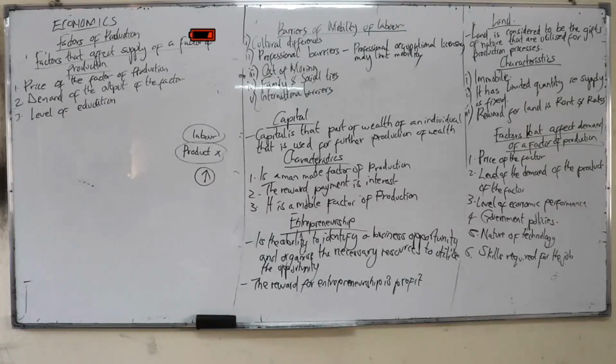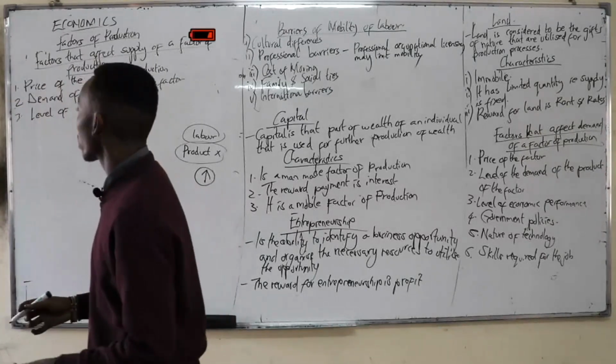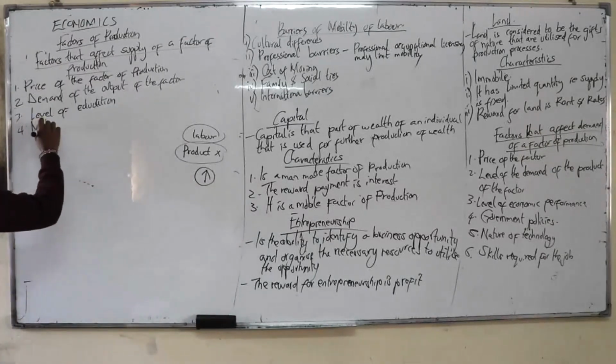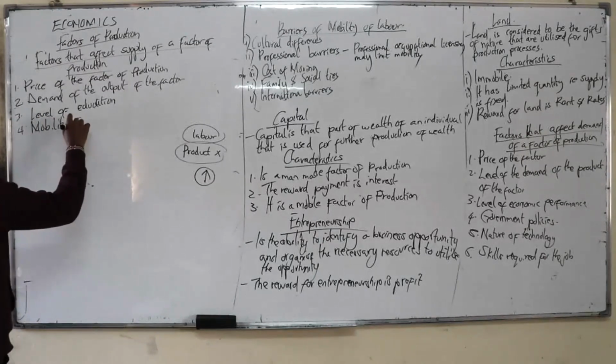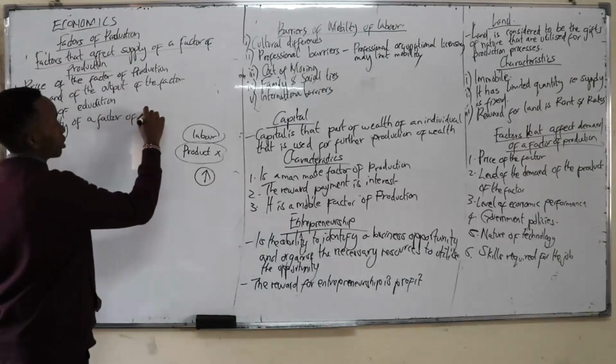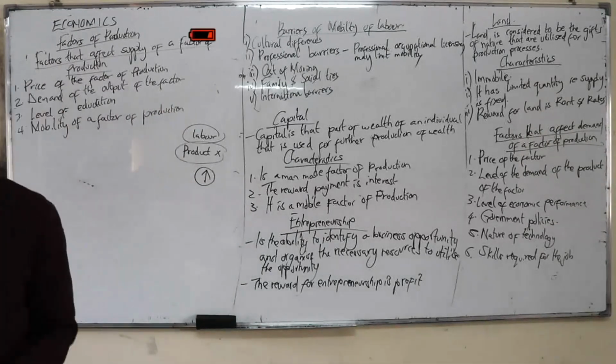And then another thing that affects the supply of a factor of production is what we have just discussed, the mobility of a factor of production. How mobile is the factor of production, also.